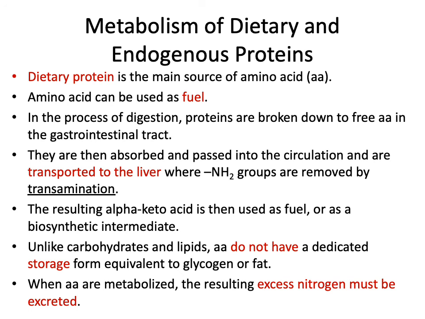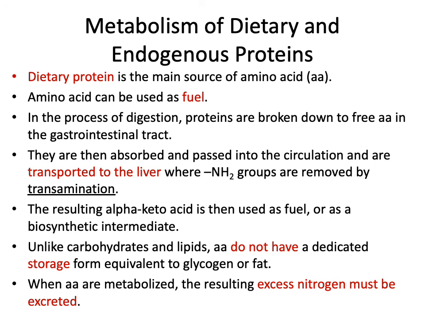Okay, so dietary protein is the main source of amino acids, and we're only going to start breaking down muscle if we don't have dietary protein or other nutrients. So we can use them as fuel if we need to.